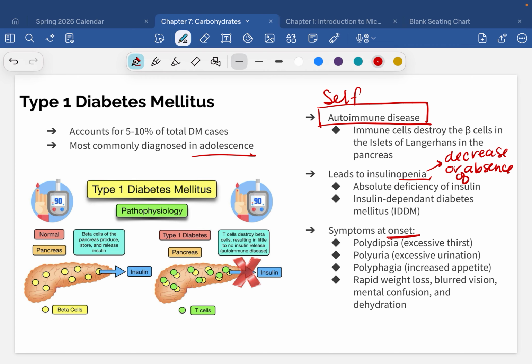The polyphagia, the increased appetite, should make sense because this person is basically starving. Even though they're eating, their body cannot use the glucose, the energy inside of the body, because the insulin is not there. So they're continuously hungry.